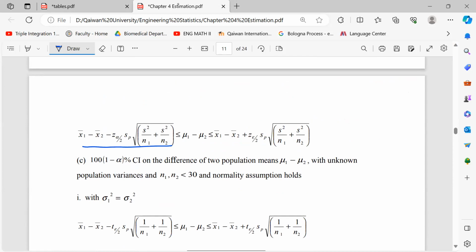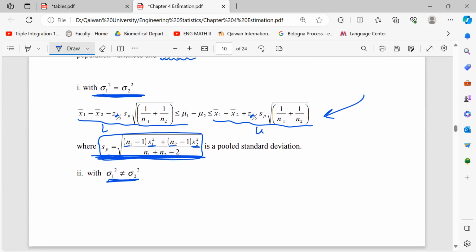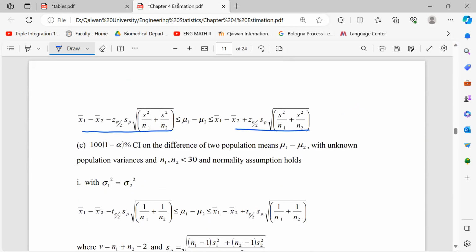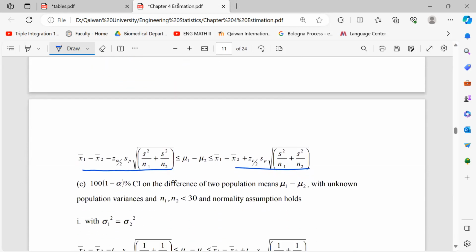We have this rule. The rules are similar to each other, actually. Here, the difference between the two cases is only inside the square root. We have s squared in the case if the variances are not equal.